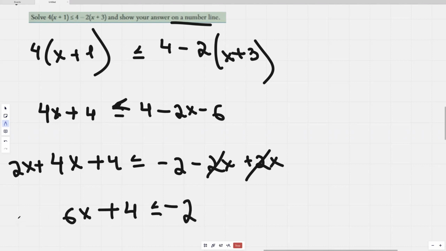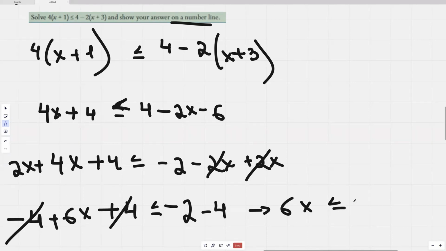So we have to subtract the 4 here. So -4 plus 4x and minus 4 as well. So here these two cancel out and they give 6x itself is less than or equal to negative 6. So now we have to divide both sides by 6.